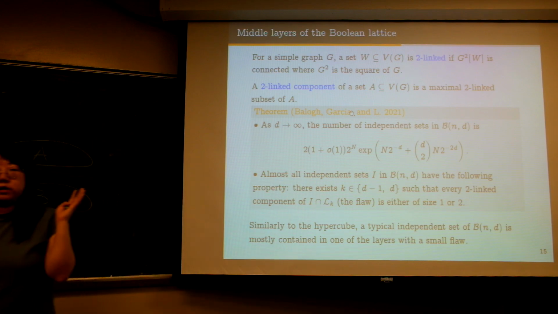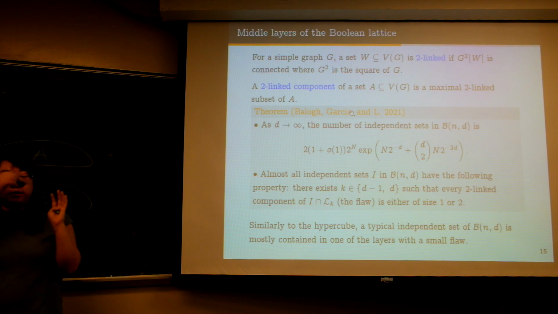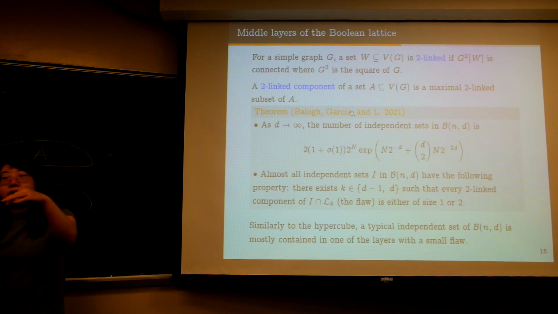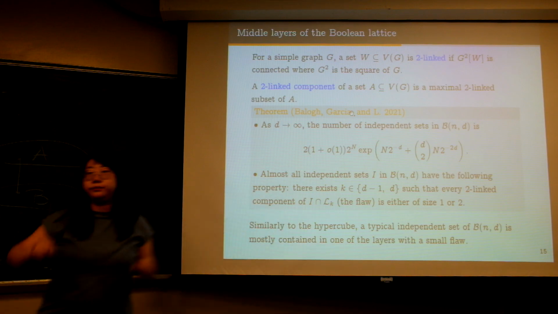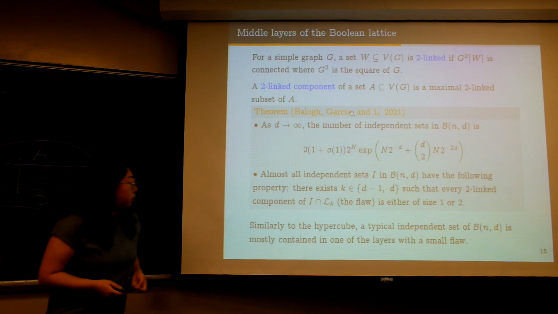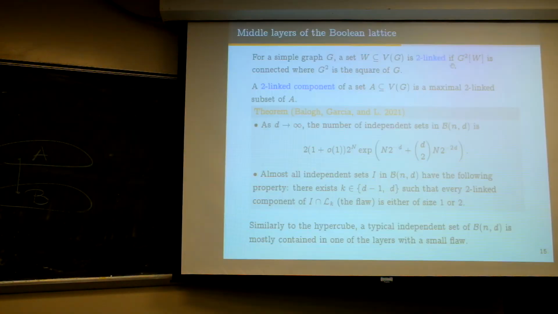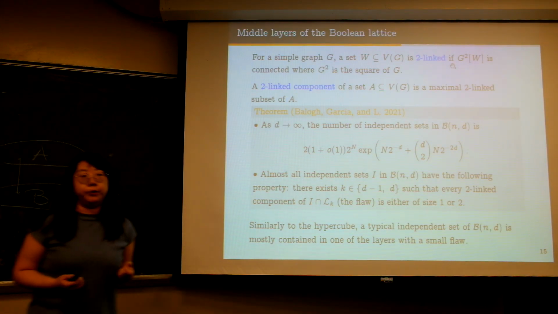So in other words, similarly to the hypercube, for typical independent sets, most of the vertices will be contained in one ground state layer, and the rest of the vertices, which we call the flaw, typically has a really small size. So that's a very similar behavior as the hypercube.